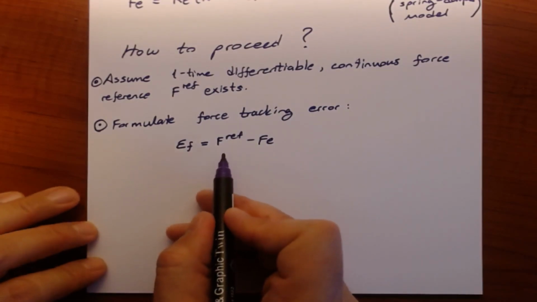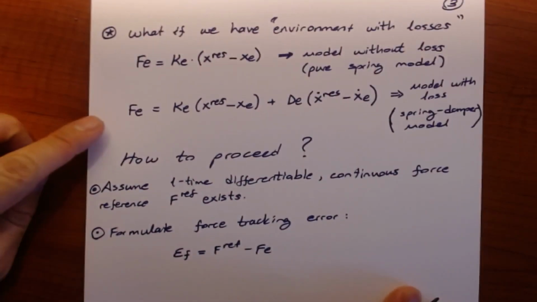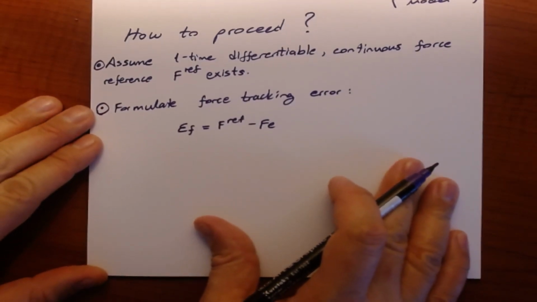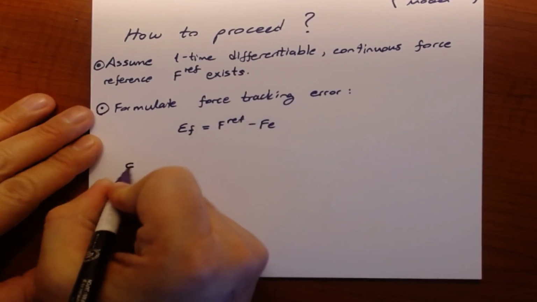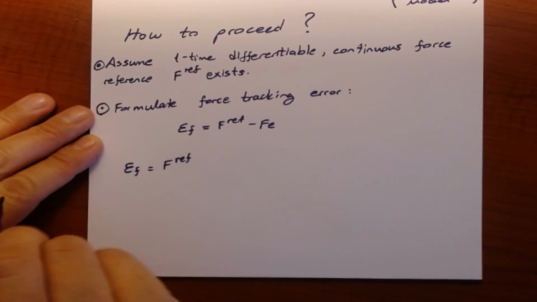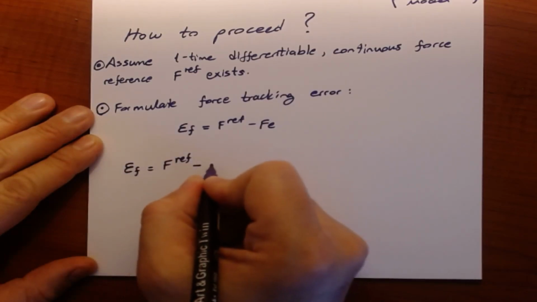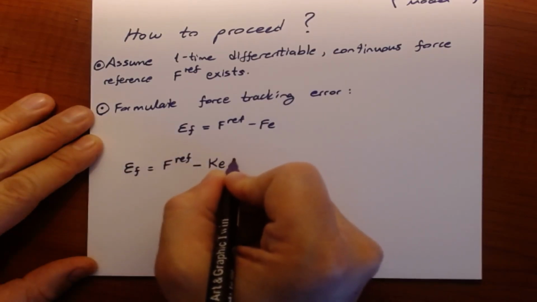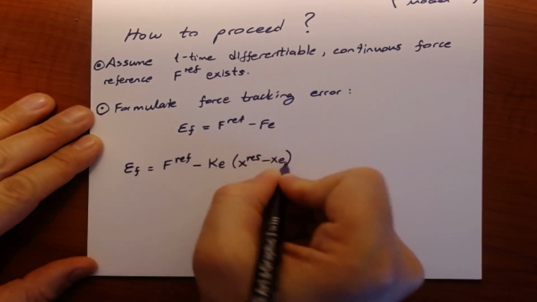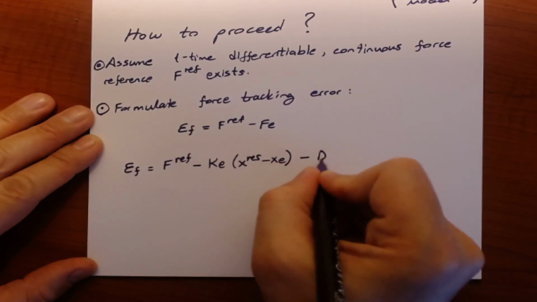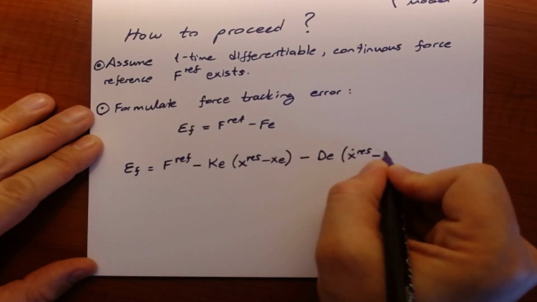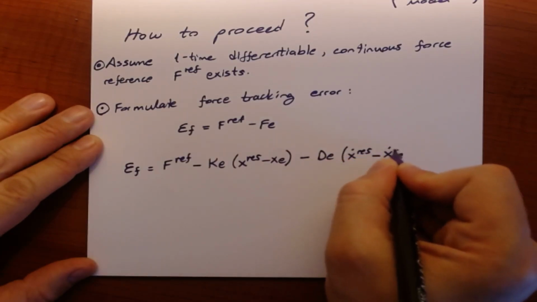Now, if I take this equation and substitute here, what I would have would be simply EF is equal to F reference minus KE times X response minus X environment minus DE times X dot response minus X dot environment.